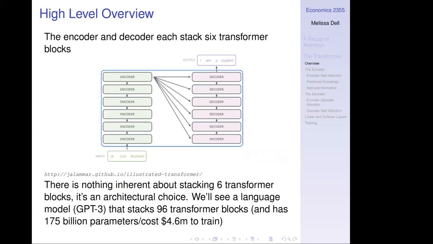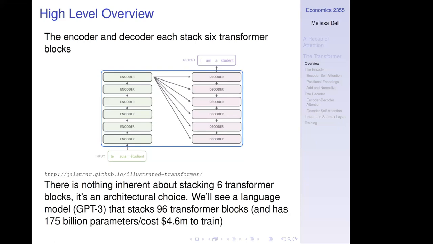This is just a choice. And, as we saw in talking about CNNs, subject to solving the vanishing gradient problem, the more blocks that you stack, the better your model should be, because, at worst, it should be able to learn an identity representation, and at best, it's getting better.